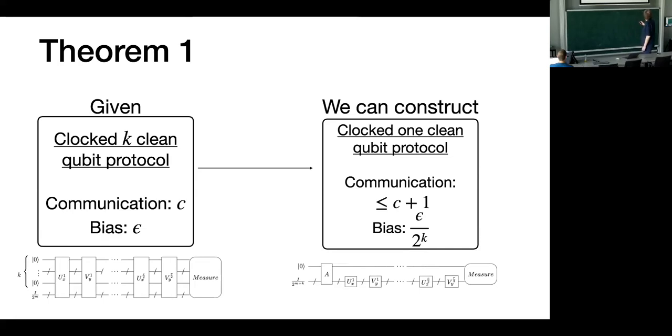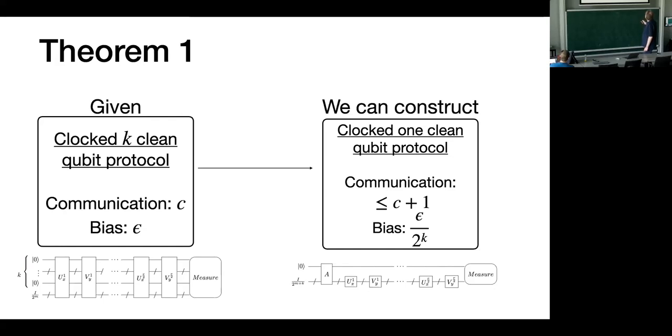So we start with one clean qubit and the rest are now... So here we have M plus K qubits in the totally mixed state and one qubit in the pure state. Then we do something in the first step and I'll tell you what in a moment.